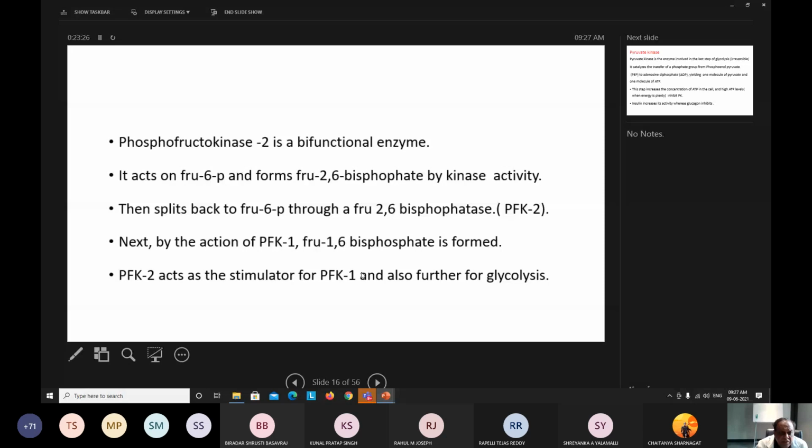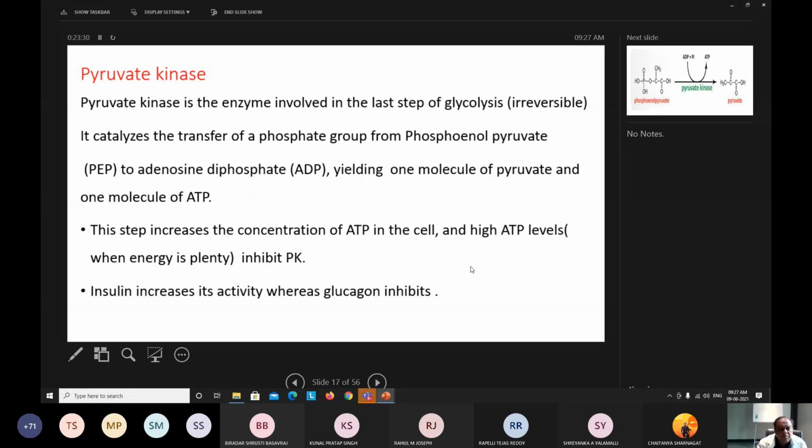Now coming to the third one, that is pyruvate kinase. Pyruvate kinase is the enzyme involved in the last step, that is the conversion of phosphoenolpyruvate into pyruvate, and there will also be the production of 1 ATP. It is an irreversible reaction.